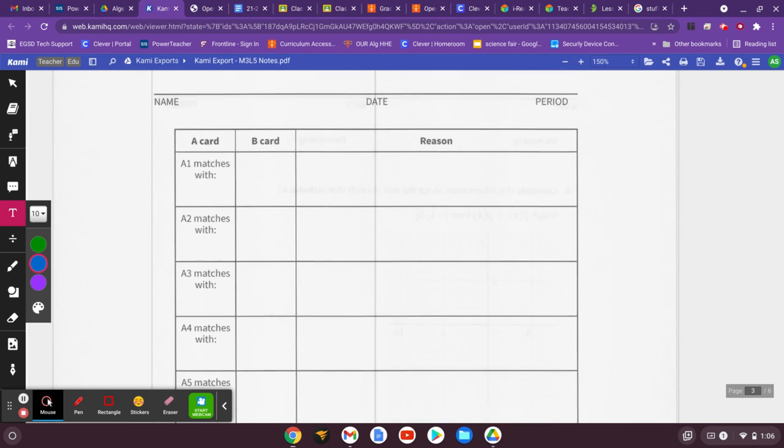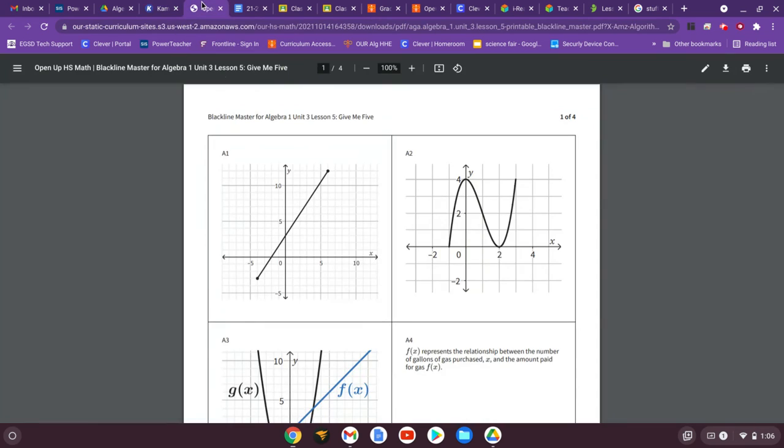All right. So going down here, we're looking for A1. So A1 is a straight line. Looks like it goes from -4 to 6 on the x's and -3 to 12 on the y's. So those are some things I'm noticing before I go look in the statements.